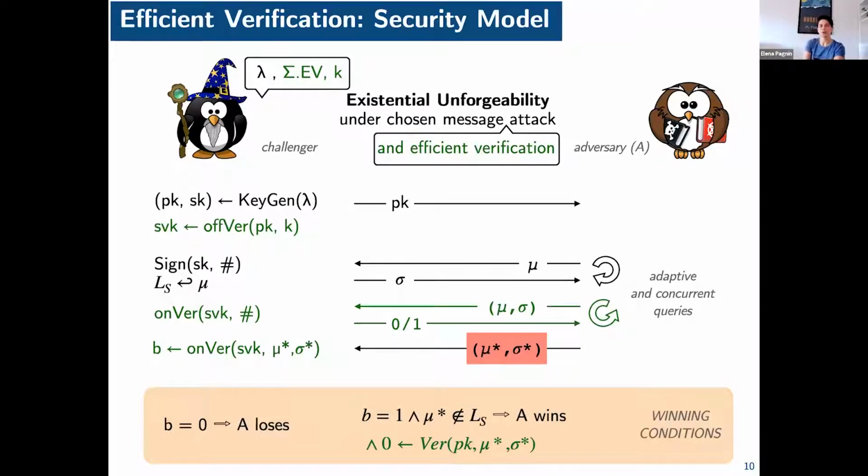The output of the adversary is the same as before, a message and a signature pair, and the winning conditions are very similar. The adversary wins if the online verification outputs 1, and the message is not among the ones that have been queried during the querying phase, because then, of course, the adversary holds a correct signature, which is the one output by the challenger. But there is an additional condition: we want the standard verification to reject that signature.